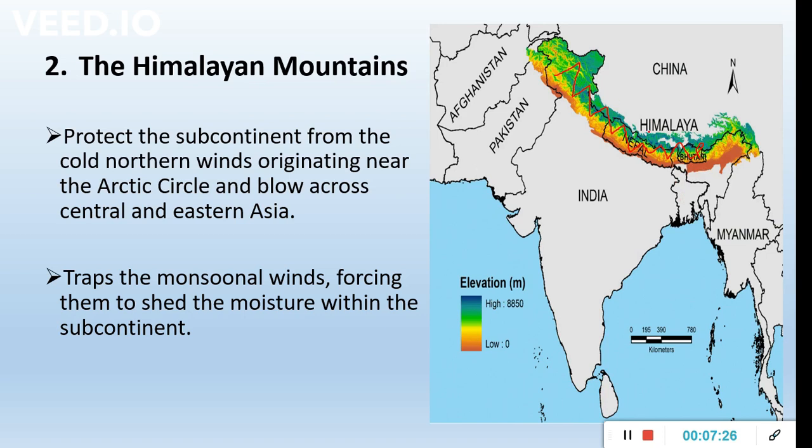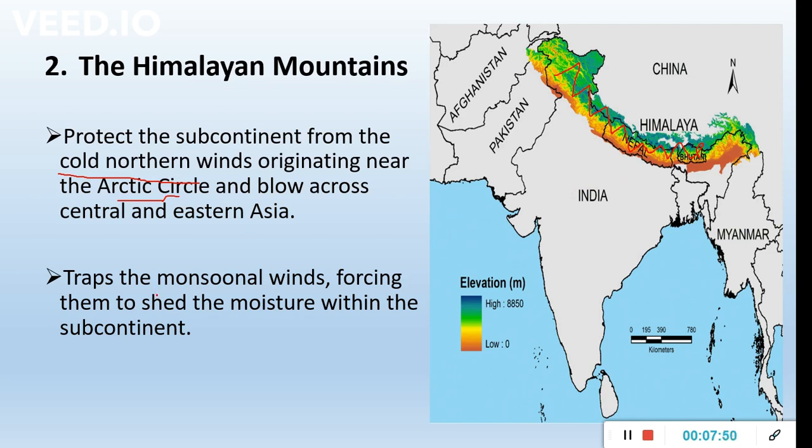They protect the subcontinent from the cold northern winds originating over the Arctic Circle and blowing across central and eastern Asia. That is why we see that China has extremely cold winters. Whereas in our country, India, we don't have such extreme winters. We have mild winters.